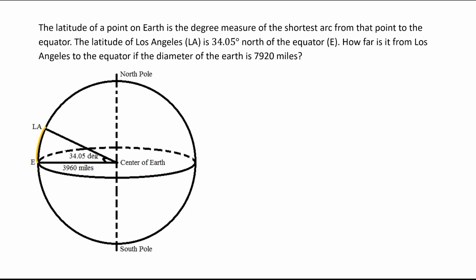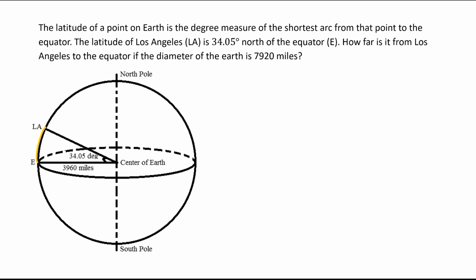And so the shortest arc from the equator to, for example, the city of Los Angeles, that is the latitude, is the angle that's made when you go from the surface to the center of the Earth to whatever point on a certain circle of the globe that you're looking at. All right, so you're looking at this 34.05 degree angle up from the equator to a city like Los Angeles.